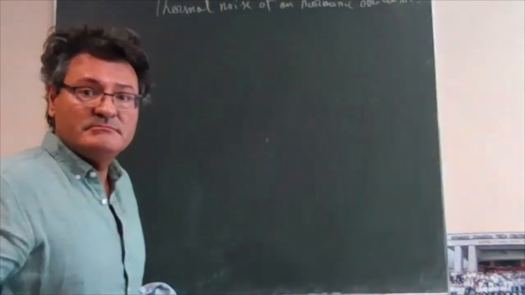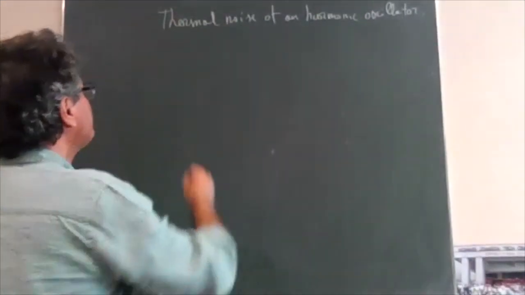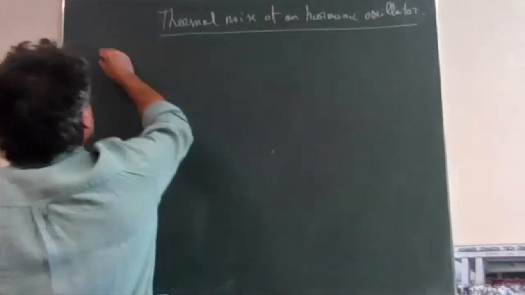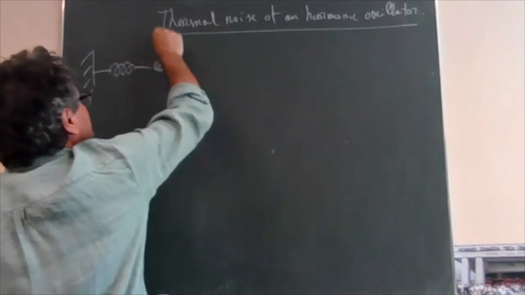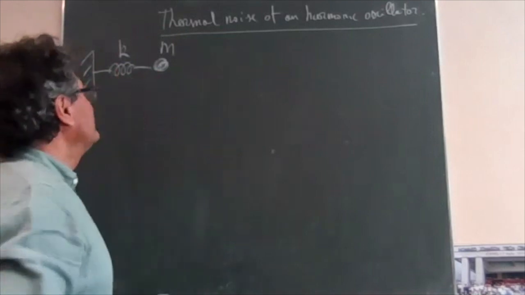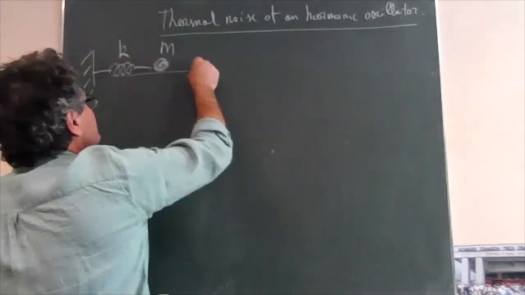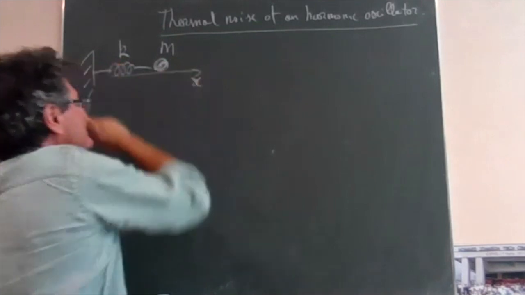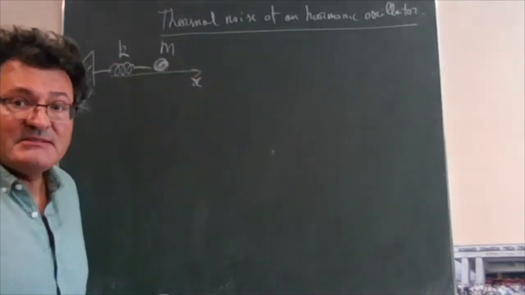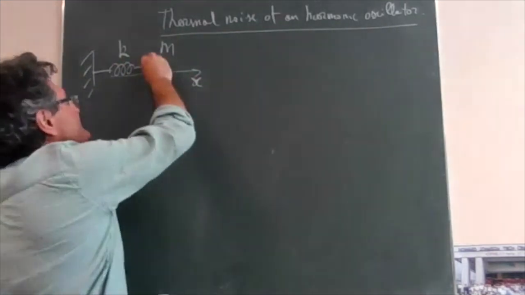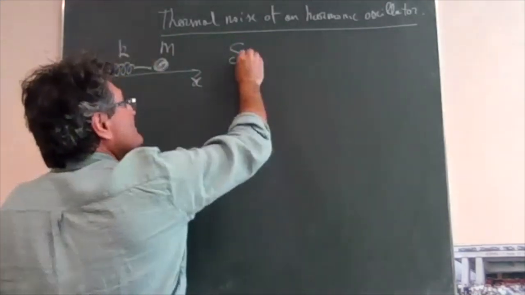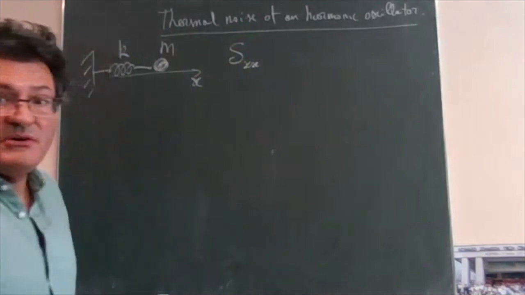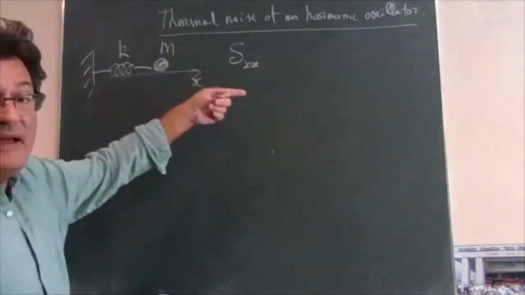Okay. Now, the system is a kind of simple model. So we have a spring constant k, and we have the displacement x. And we are interested to calculate the power spectral density of the fluctuations on the position of the mass m along x.